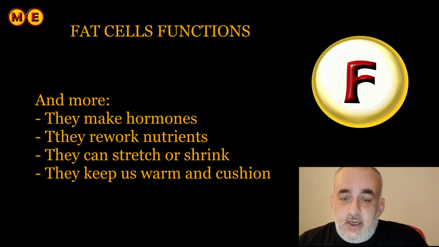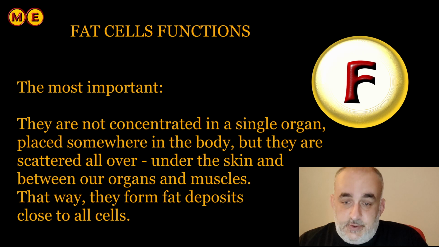In addition, they serve as insulation, as the main layer of fat cells in the human body is located under the skin, and therefore we call it subcutaneous fat. But perhaps the most important thing about fat cells is that they are not concentrated in a single organ, placed somewhere in the body, but they are scattered all over, under the skin and between the organs and muscles.